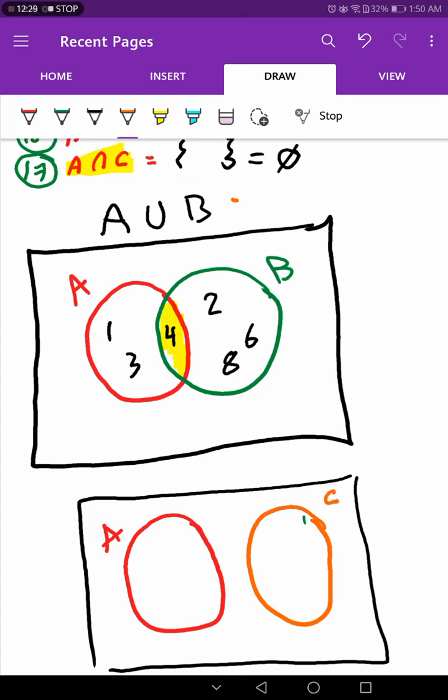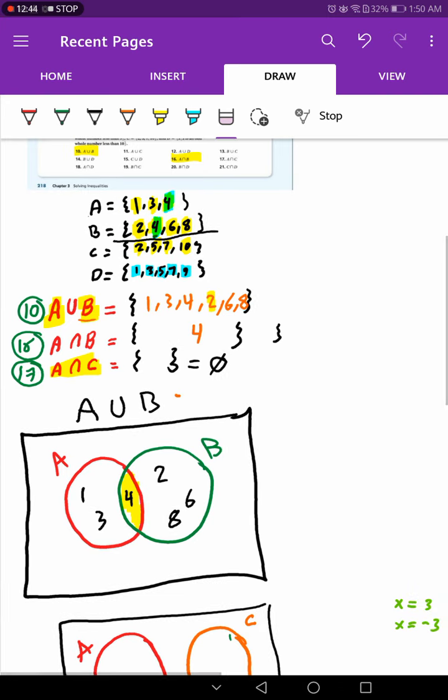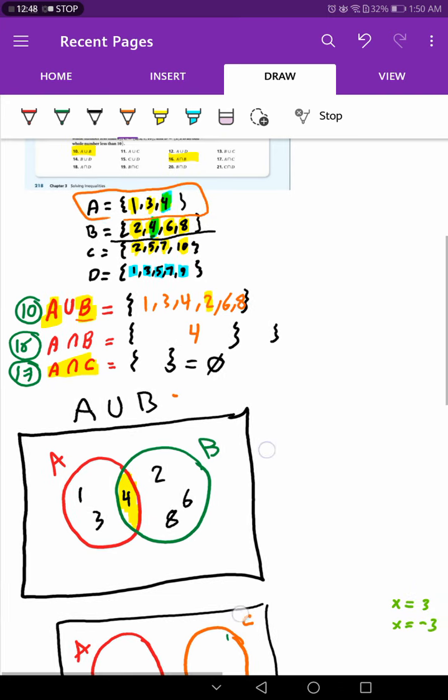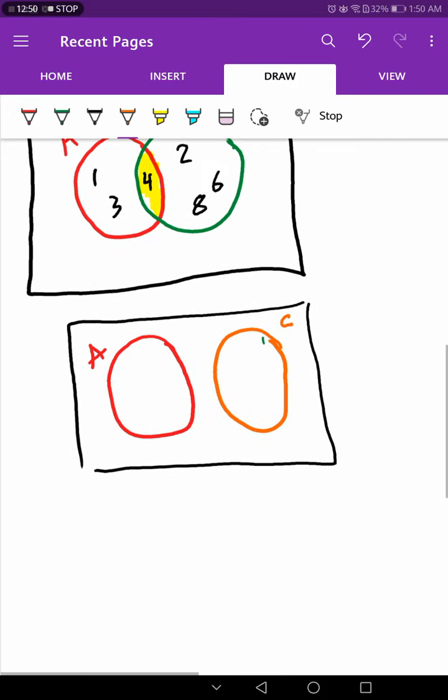So this is C. The elements of A are 1, 3 and 4, and I write all the elements inside the circle.